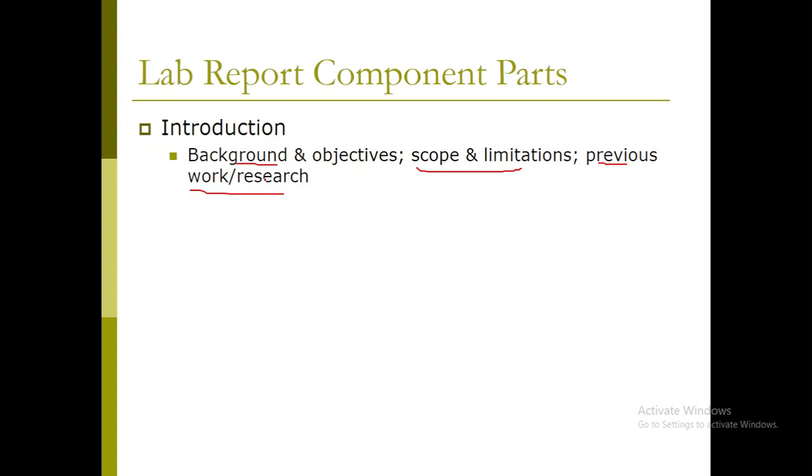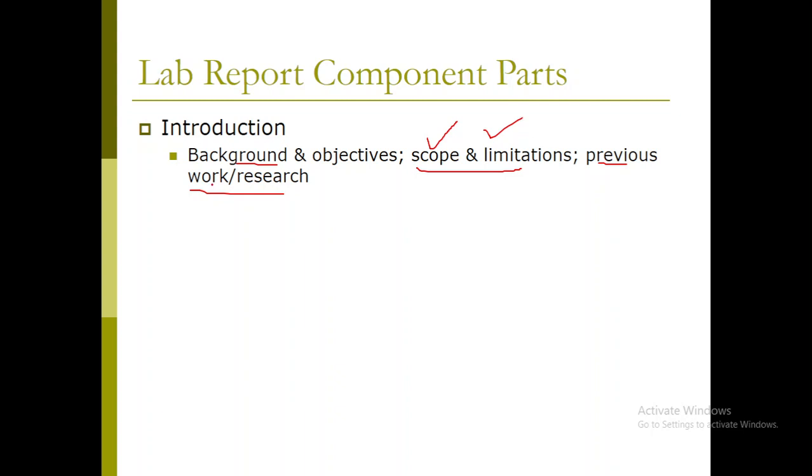Now, in the introduction, we mention the background and objectives so that the reader is clear about the significance and the importance of that work, and we need to mention the scope so that the reader can relate that with the real world, and we need to mention the limitations. By limitations, I mean that we need to clearly mention how much portion of that problem or that issue you are going to solve.